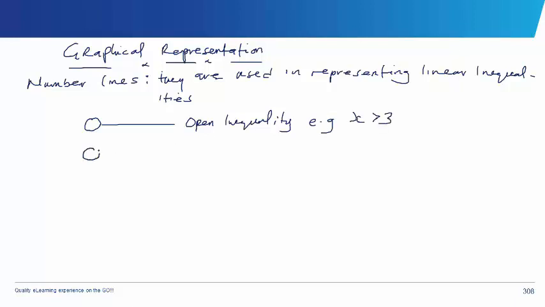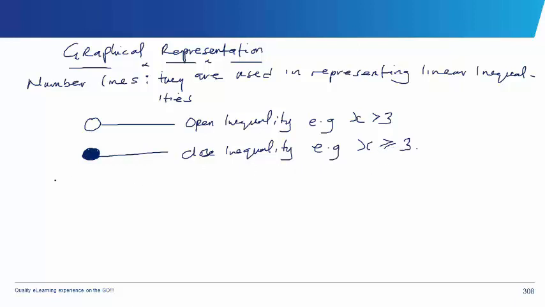Then we have the closed inequality, which is a circle with shaded portions. It comes when the inequality is of the form x greater than or equal to 3. So what determines whether it's open or closed is the sign of the inequality.